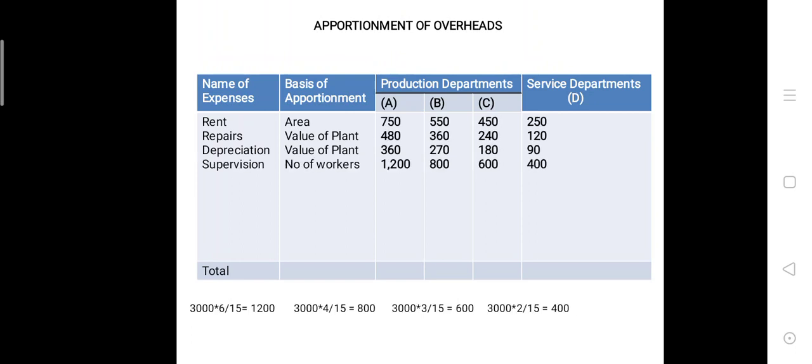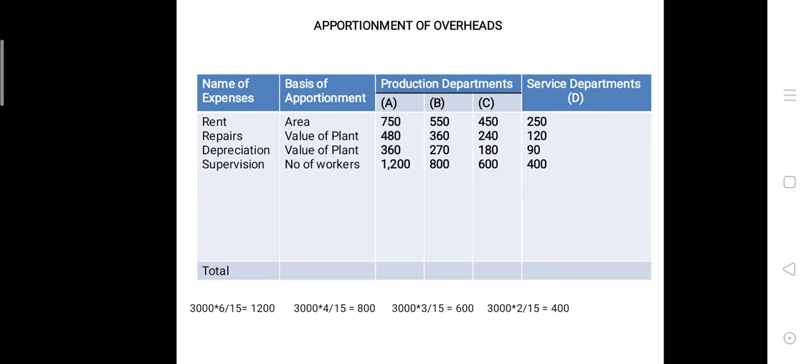Now the next overhead we are taking here is supervision. The basis of apportionment is number of workers, and the total overhead cost is 3000 for supervision, and number of workers is 24 is to 16 is to 12 is to 8. Here we can take the common factor as 4.